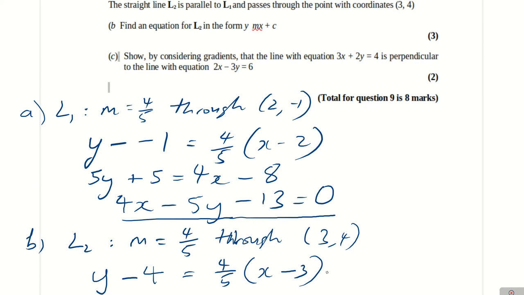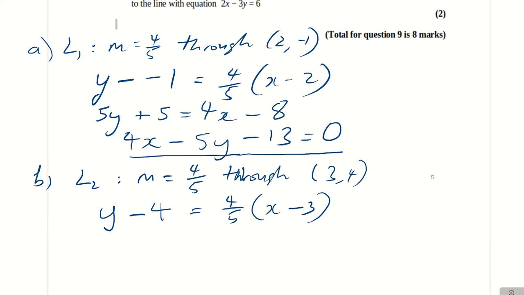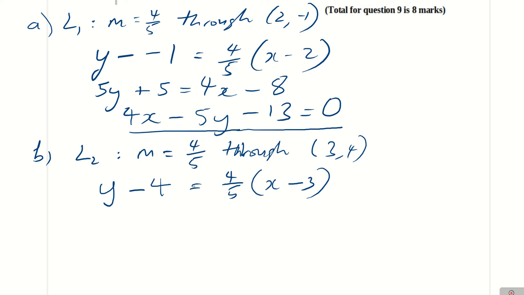But we want the equation now in the form y equals mx plus c. So probably the easiest way to do it is to bring the 4 over to the other side. So y equals, and multiply these out, 4/5 x minus 12/5 plus 4.